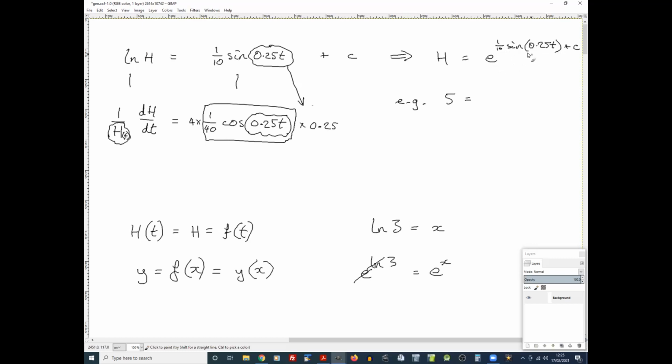Good. Although we're forgetting about the plus c, aren't we there? Yeah. So we can't quite do that. We could say what we've got is 5 equals e to the 0 plus c, in other words, e to the c. But there's a 5 in front of the e.